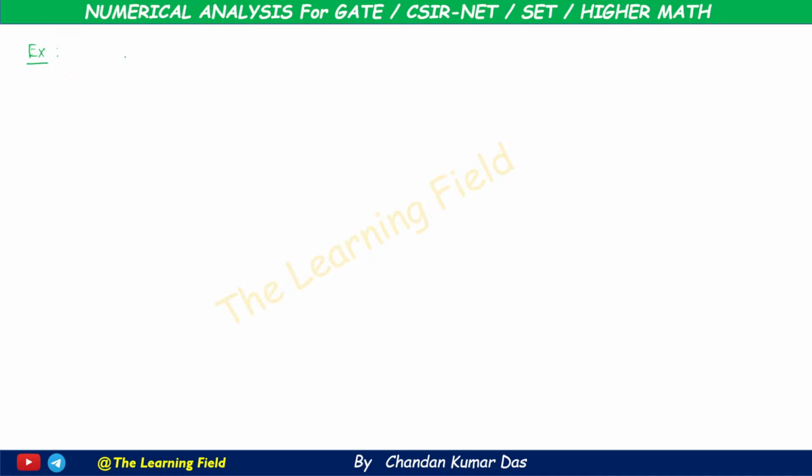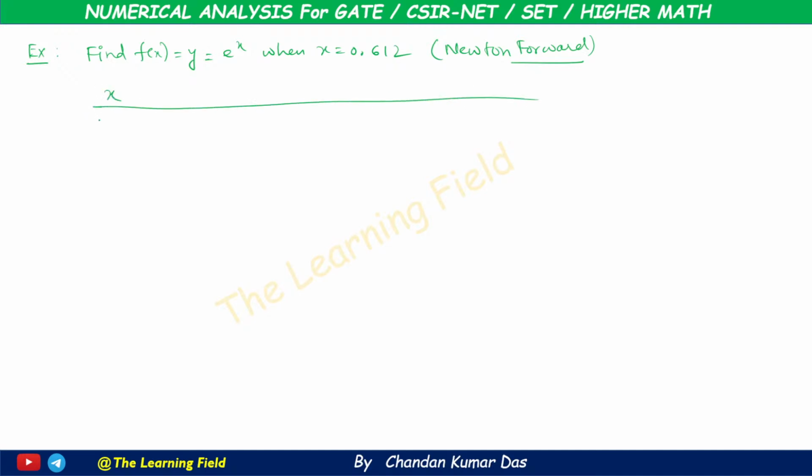Find the value of f(x), equal to y, equal to exponential x when x equal to 0.612, using the Newton forward difference interpolation formula. The given table, or data sheet, has x and y.